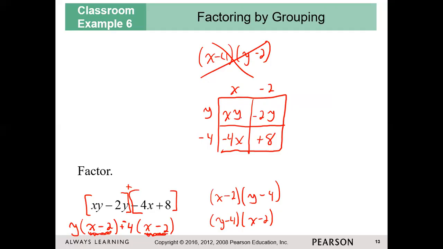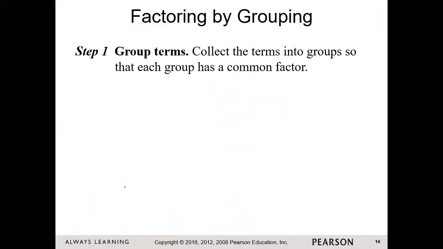And you can see that each of these are all the components of the original polynomial that I had: xy, negative 2y, negative 4x, and positive 8. So again, you can check your answer by multiplying those binomials that you got by either using the FOIL method or the box method, whatever you're comfortable with, and you'll get right back to your original polynomial.